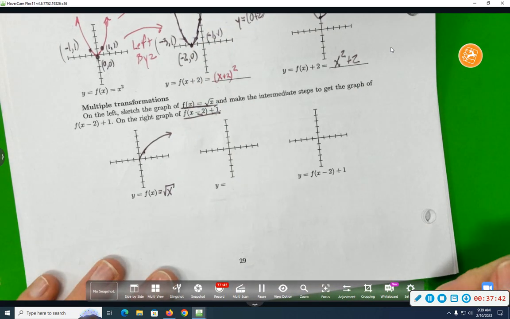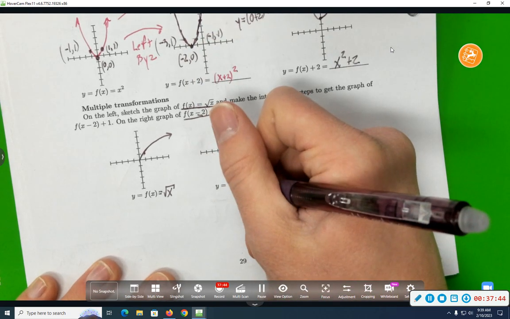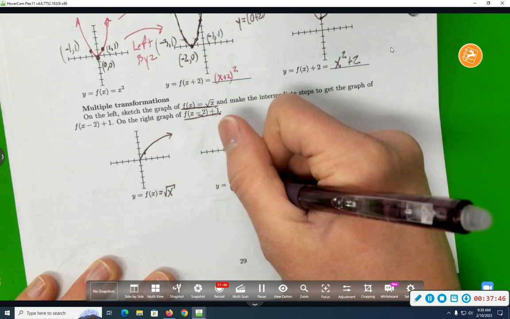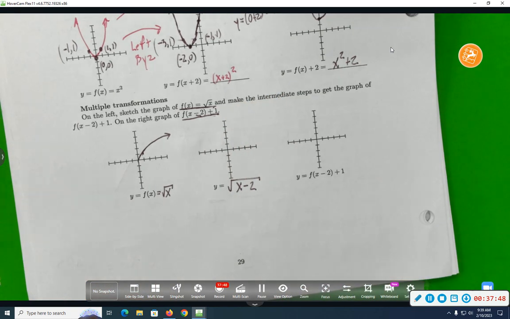All right, so let's deal with the minus 2. So the square root of x minus 2. What does that do to the graph? Right by 2. Nice. Let's do that.